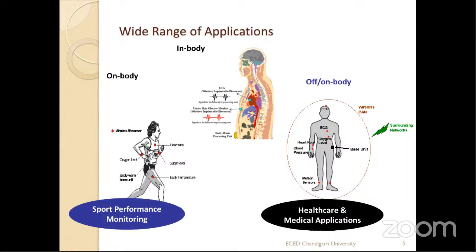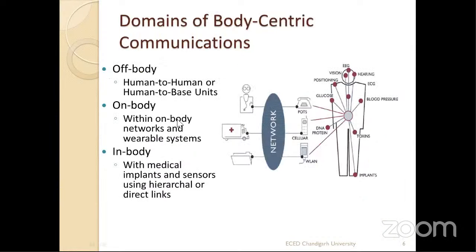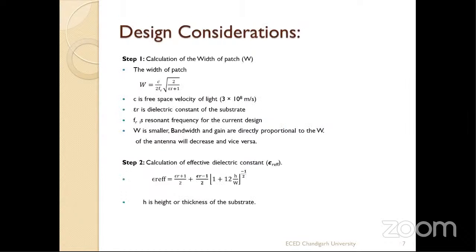Off-body is human to human or human to base unit communication. Within on-body networks, on clothing or accessories, we attach some device which detects through sensors and provides information to the outer world. In-body is the implants: the implant antennas are sensors implanted inside the body, taking medical data from inside the body.